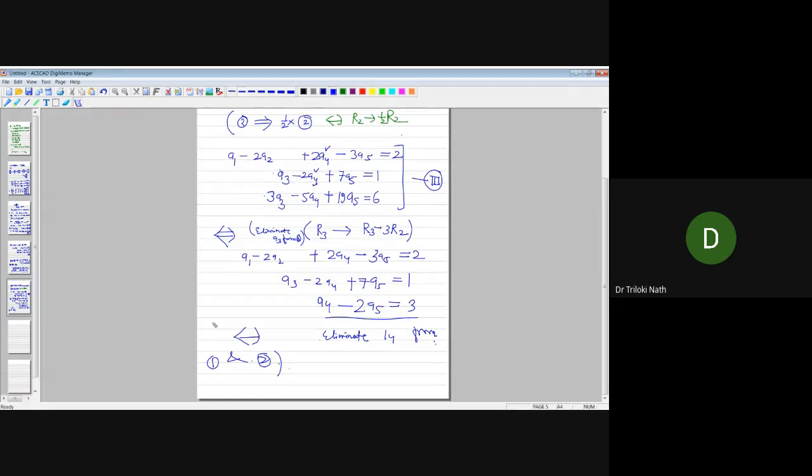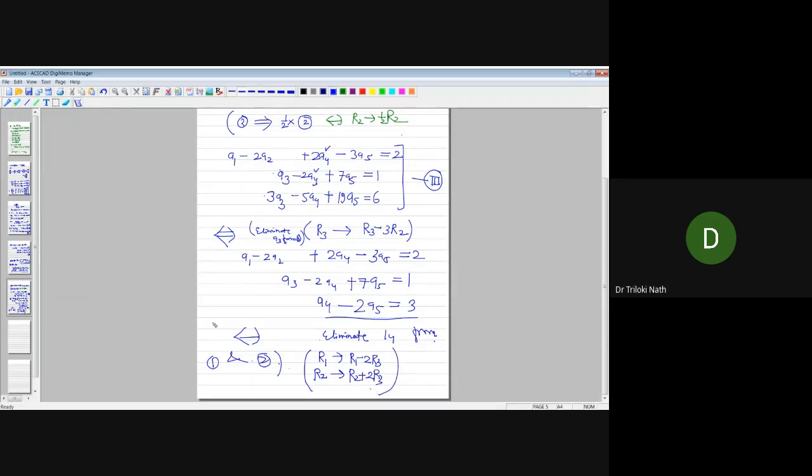So what are we going to do? R1 is going to be replaced to eliminate a4. You see that here it is just a4, so you multiply by 2: R1 minus 2R3. Similarly, R2 goes to R2 plus 2R3.